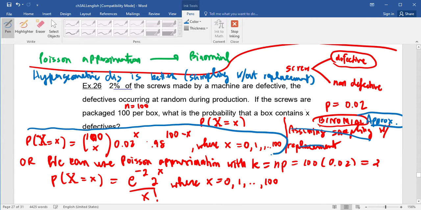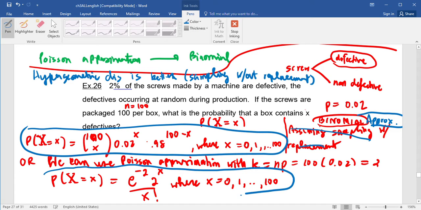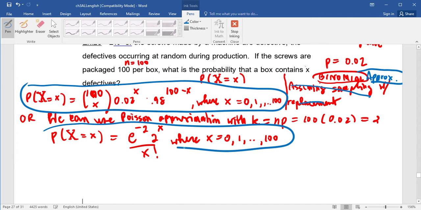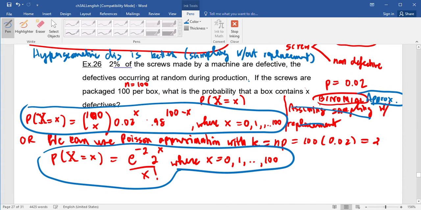So that's one answer coming from binomial approximation. Another answer is that we further use Poisson approximation. So you might have another answer that looks like this. Please note that x remains in this answer, because they ask for the probability that a box contains x defectives, so you must leave it in there.